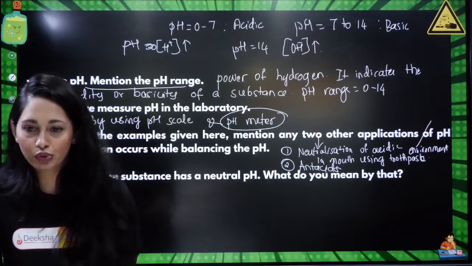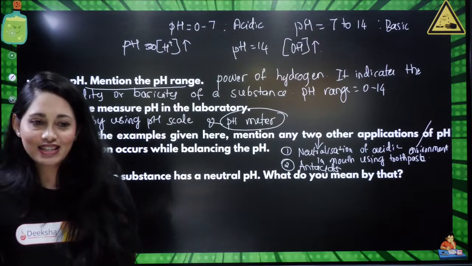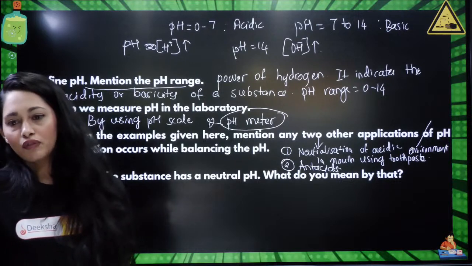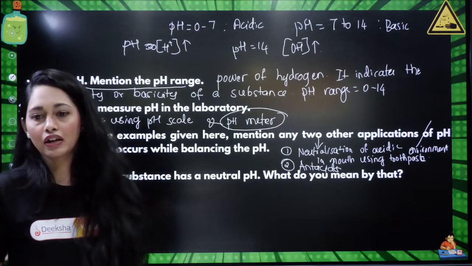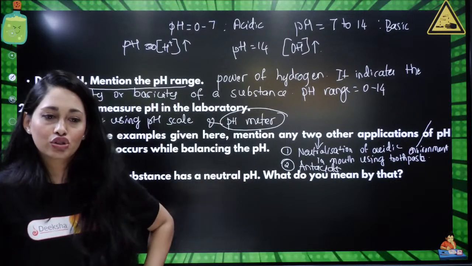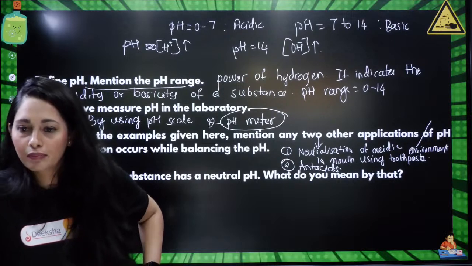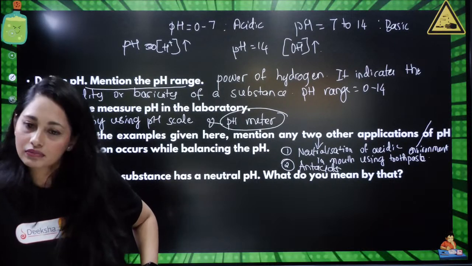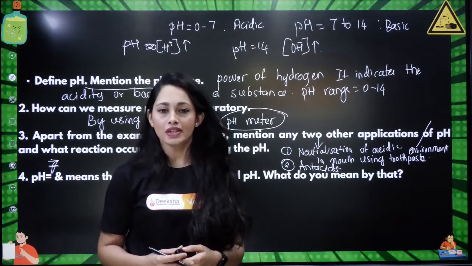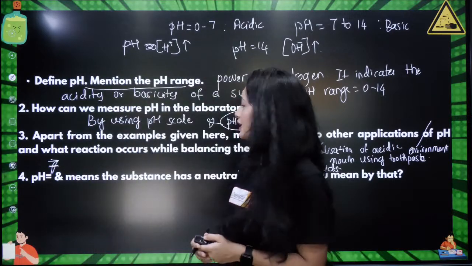To get rid of acidity in the stomach, antacids are used. Which is the most common antacid? Milk of magnesia. Even baking soda. Milk of magnesia as well as baking soda can be used as antacids.